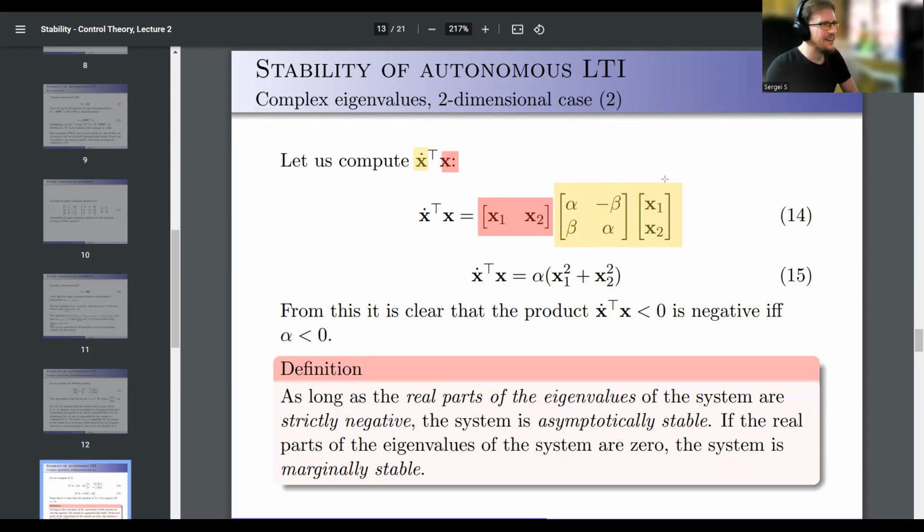Very easy. Now, when we multiply it out, what we'll find is that beta will cancel. You can do it by yourself, but beta cancels, and we are left with this expression.